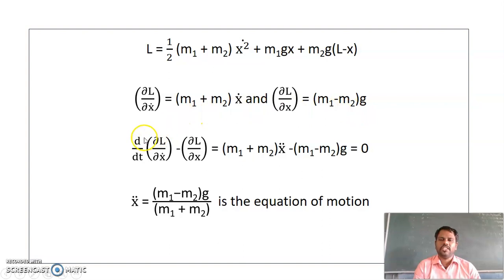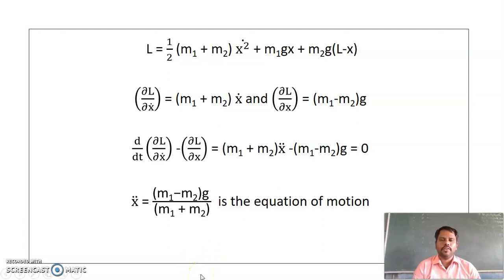Substituting in the Lagrangian equation, d/dt(∂L/∂x dot) minus ∂L/∂x equals (m1 plus m2) x double dot minus (m1 minus m2) g equals 0. On rearranging, x double dot equals (m1 minus m2) g divided by (m1 plus m2). This is the required equation of motion for Atwood's machine.